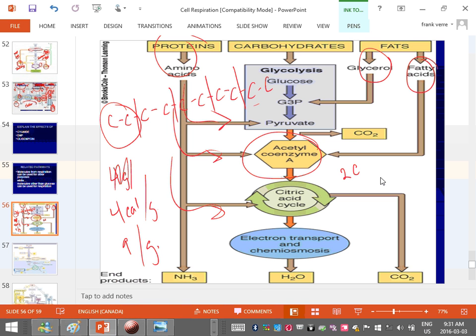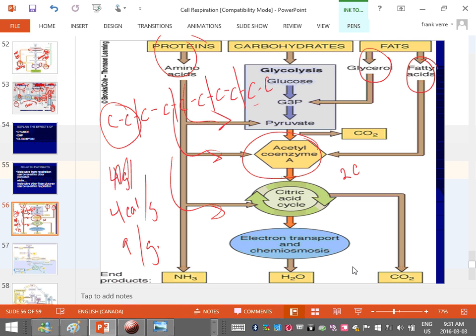So the reason why fats give you a lot of energy is because if you look at their structure, they have a lot of carbon in their chains. Those carbon atoms can be clipped 2 at a time, and they can feed into stage 2. And where do you make most of your energy? It's from stage 2 and stage 3. That's why fats give you a lot of energy, because there's a lot of 2 carbon fragments in fat.